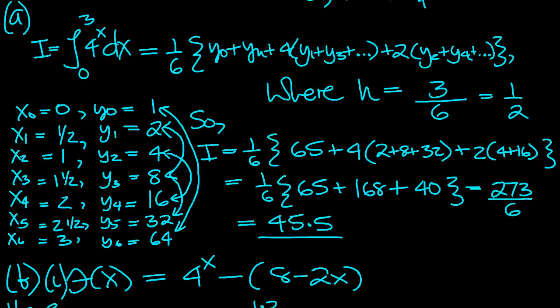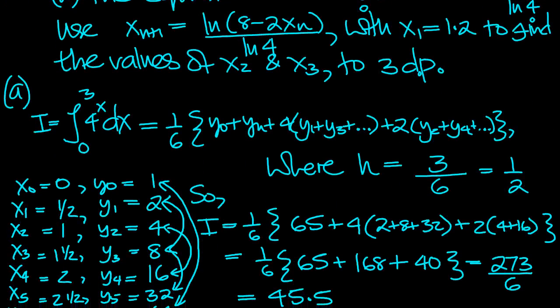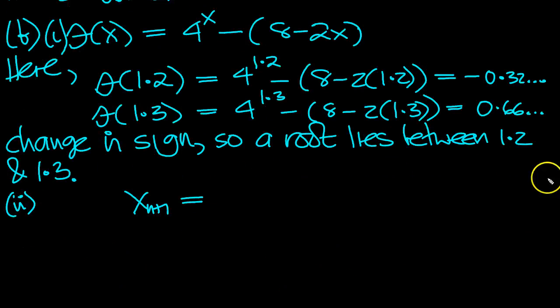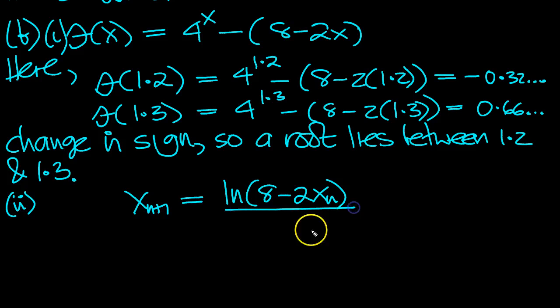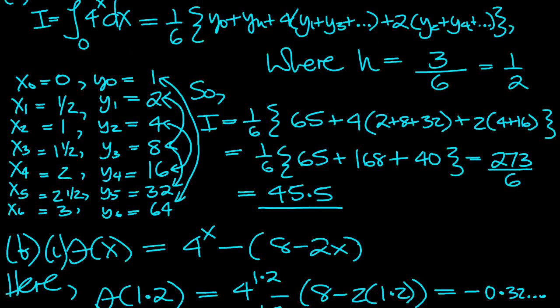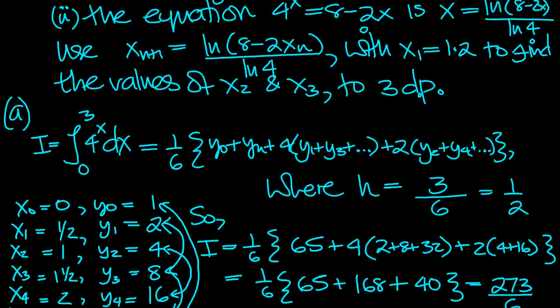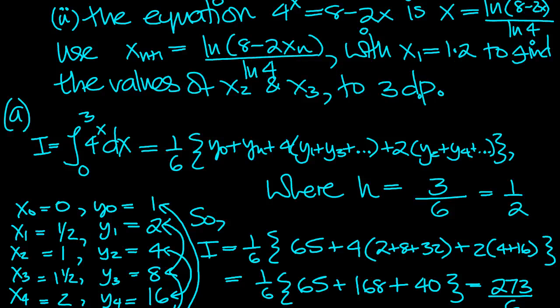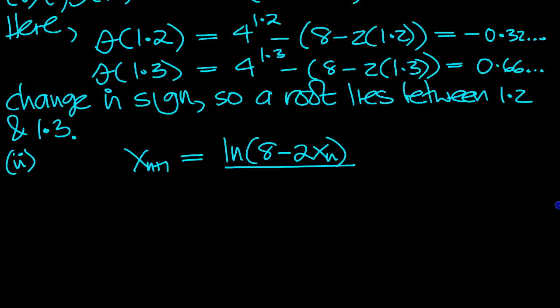Let's go back up and have a look. ln(8 minus 2xn) divided by ln 4. Yes, ln 4 here, and x1 is 1.2. We need to get x2 and x3.